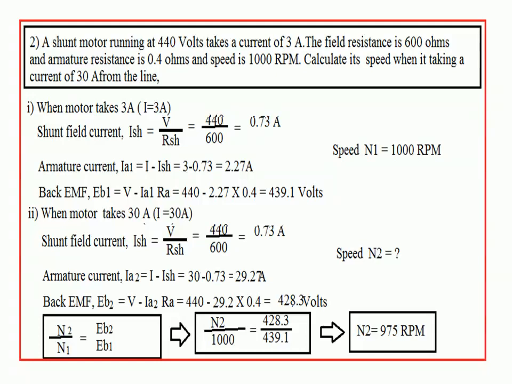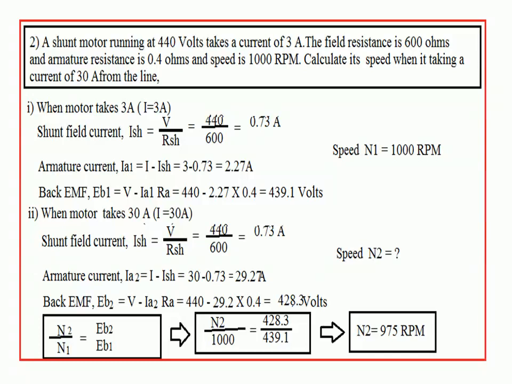Second condition, when motor takes 30 ampere, calculate respective armature current, IA2, that should equal to, now total current changes, 30 minus 0.73, we are going to get around 29.2 ampere. Calculate the respective back EMF, EB2 equal to V minus IA2 into RA. So, we are going to get around 428.3 volts.